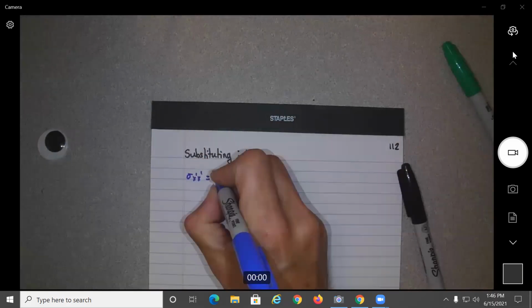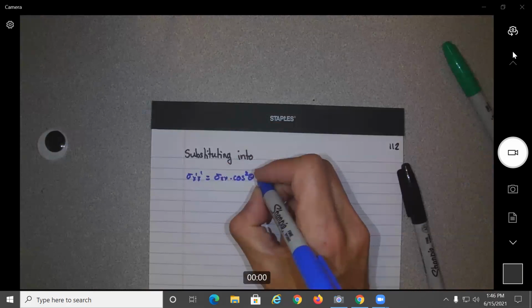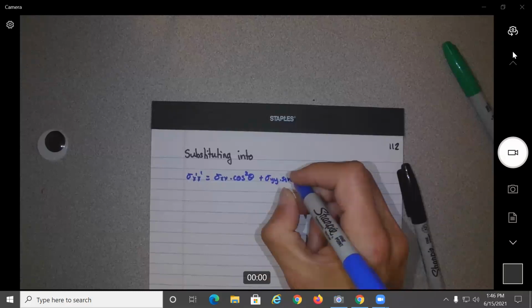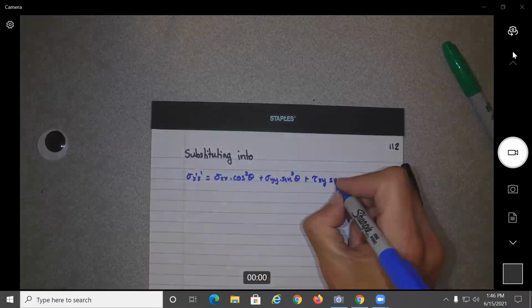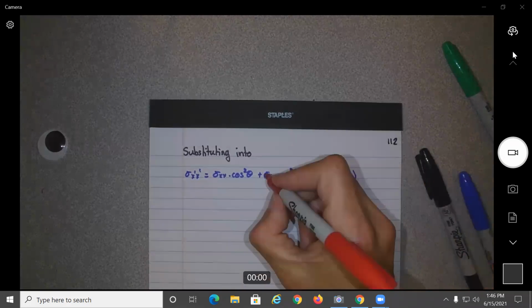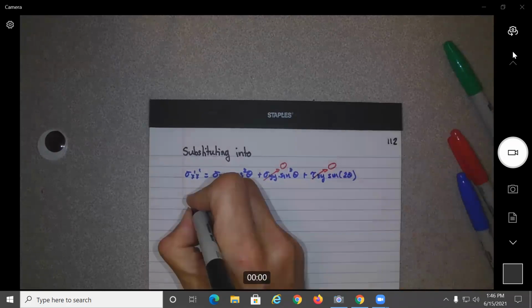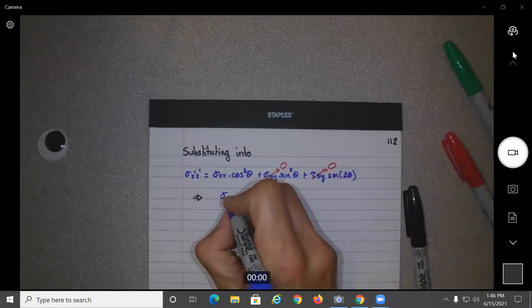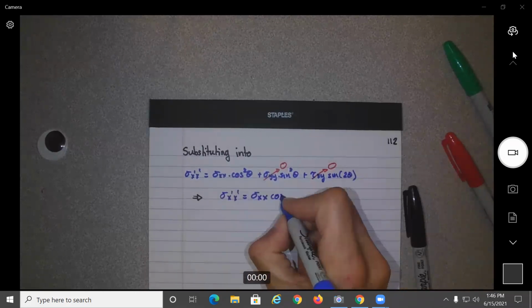So sigma x cosine squared theta plus sigma y sine squared theta plus tau xy sine 2 theta. So in our case, this is 0 and this is 0.